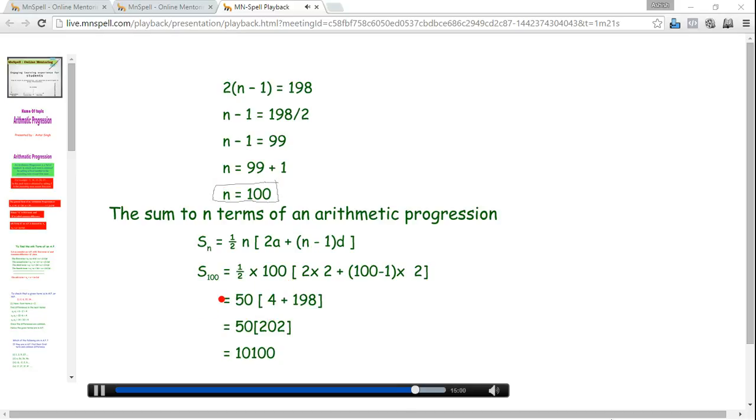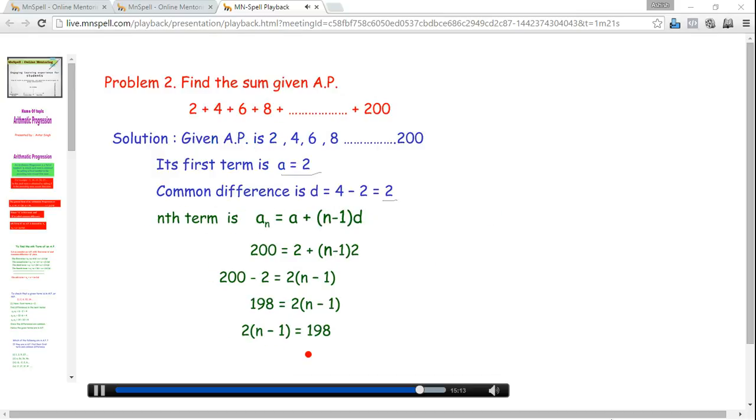Now we know the number of terms in the series is 100. We use the second formula, n by 2 times (A plus L), because we know the last term also. If we see the series, we have the last term as 200 and the first term as 2.